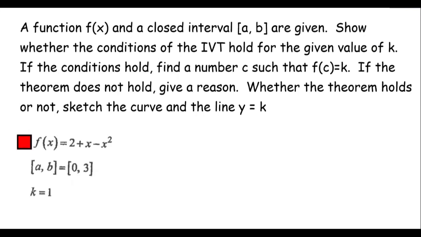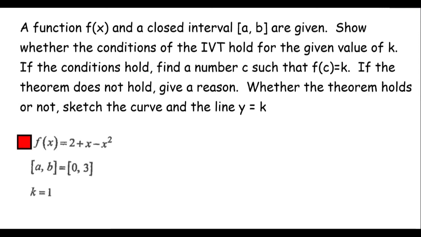Okay, so let's try some examples. A function f of x on a closed interval from a to b are given. Show whether the conditions of the intermediate value theorem hold for the given value of k. If the condition holds, find a value c such that f of c equals k.